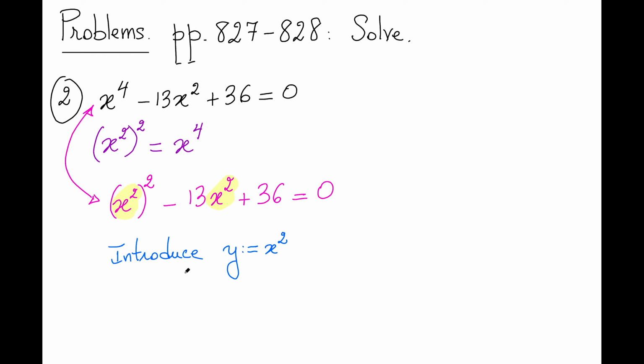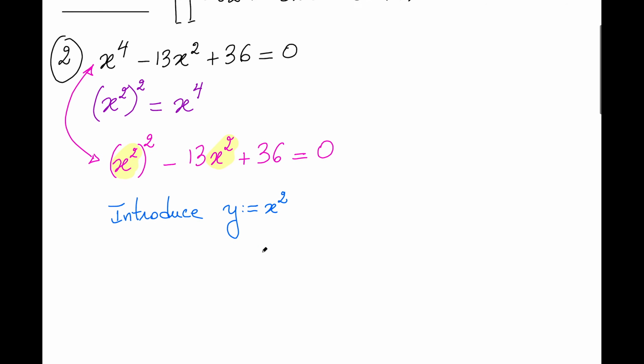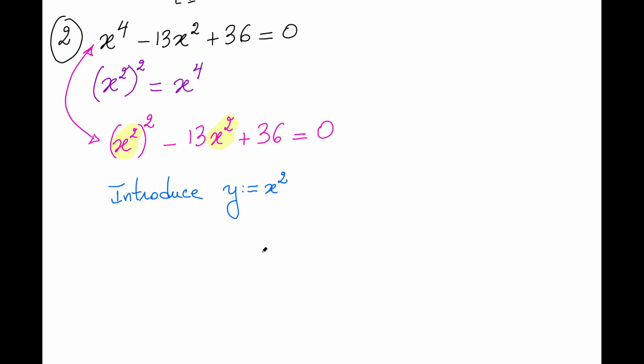So we're introducing a letter y that denotes the square of x. As such, this becomes the square of y, because x squared is y. This becomes y squared minus 13y, because x squared is y, plus 36 equals 0.